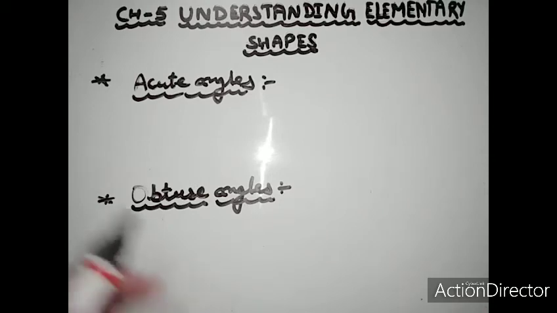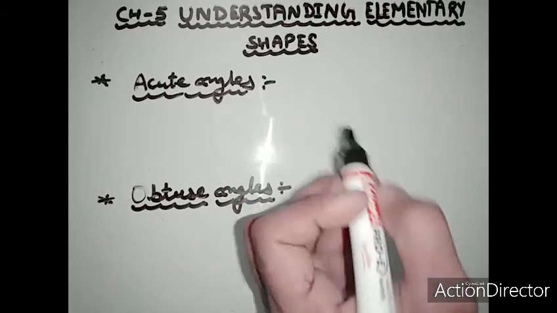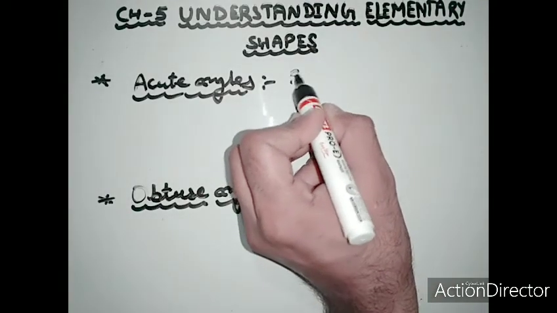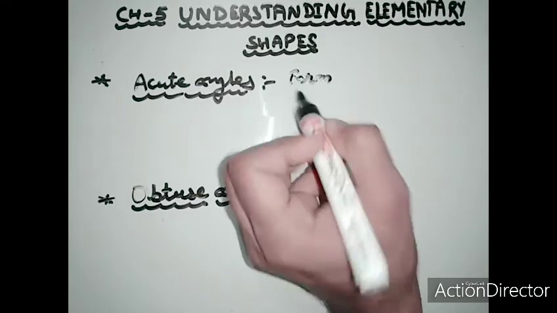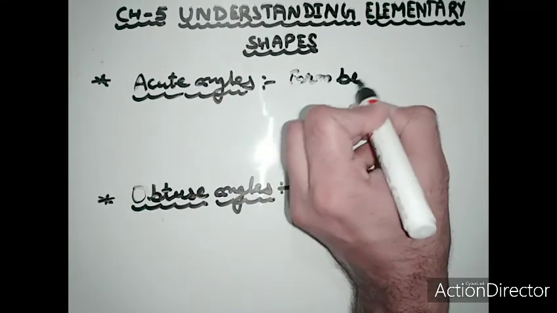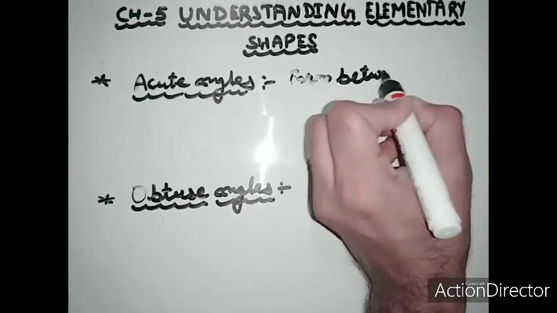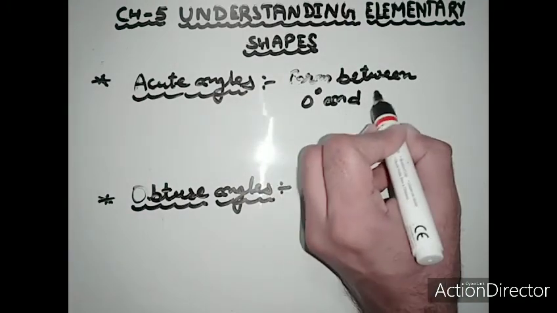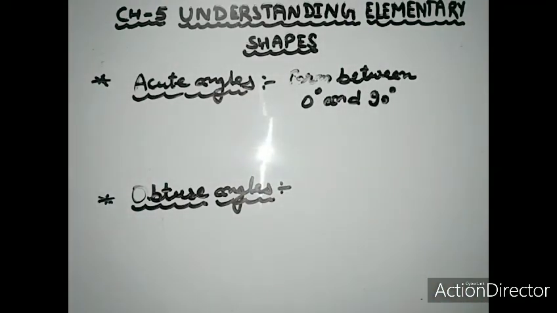So now students, here we discuss acute angle, right? So acute angles are those angles which form between 0 degree and 90 degree, right?